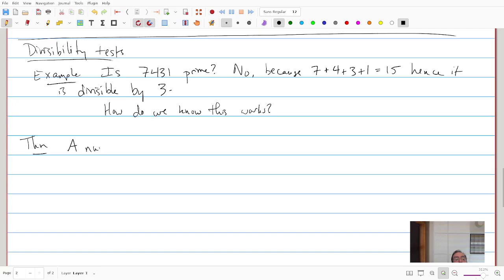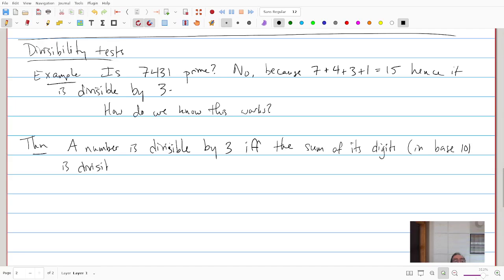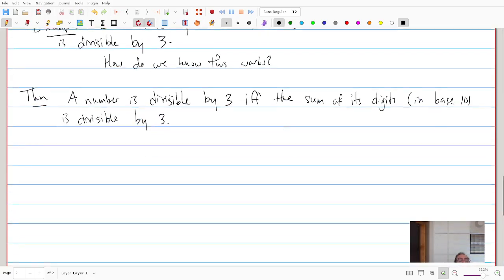A number is divisible by 3 if and only if the sum of its digits in base 10 is divisible by 3.